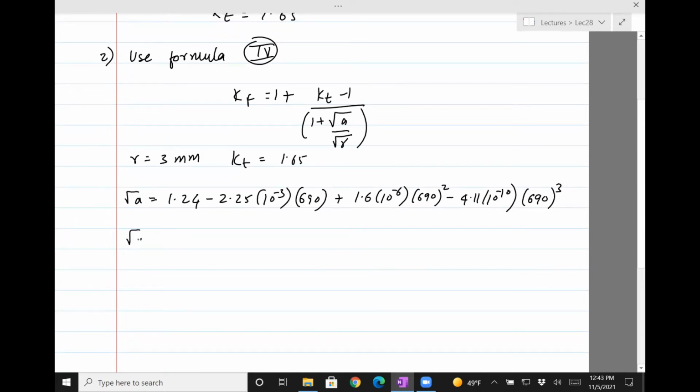And so solving for square root of A, we get 0.3142 mm raised to half.